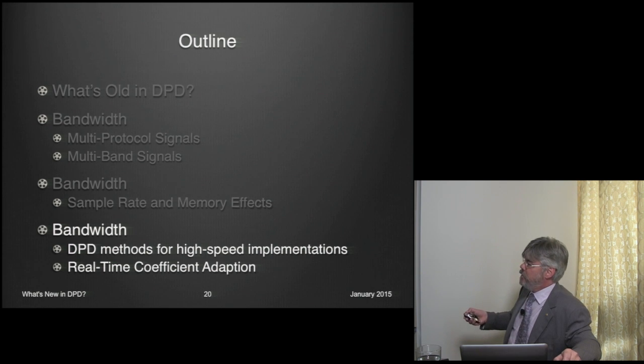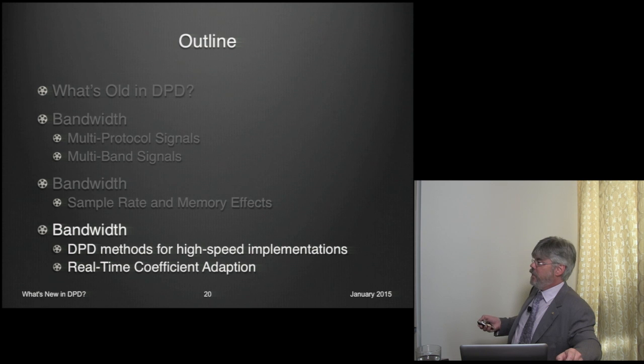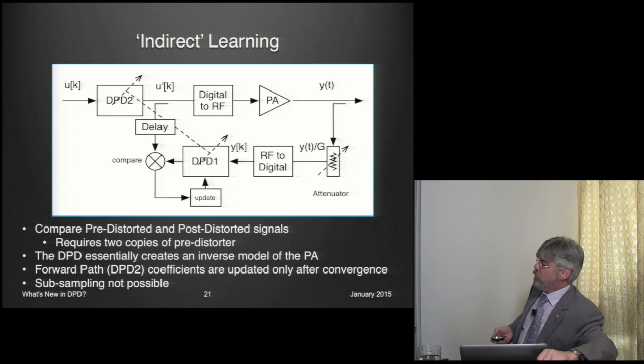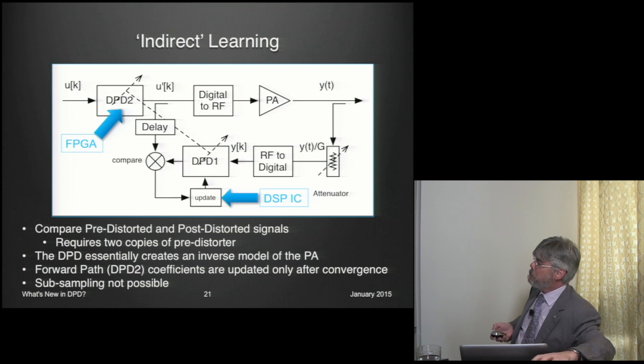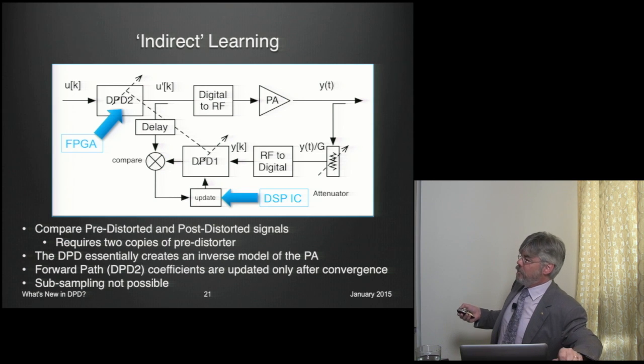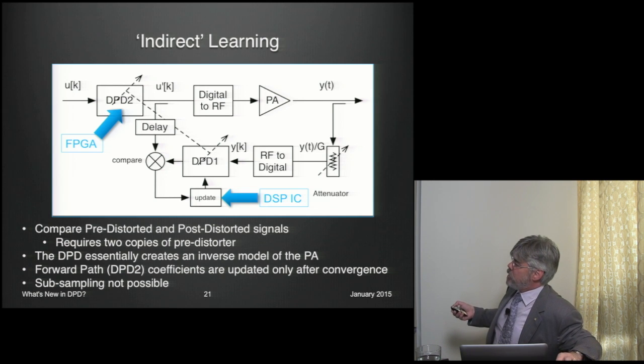We've had the frequency domain aspects of wide bandwidth, the digital aspects of wide bandwidth, and now you might say more digital, but the more algorithmic aspects of what wide bandwidth introduces for you. So I'll start off by describing a couple of the architectures for DPD systems in terms of how they tend to work. So this is a more sophisticated version of the picture I showed on the second slide.